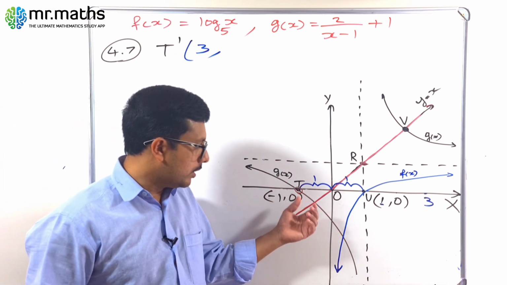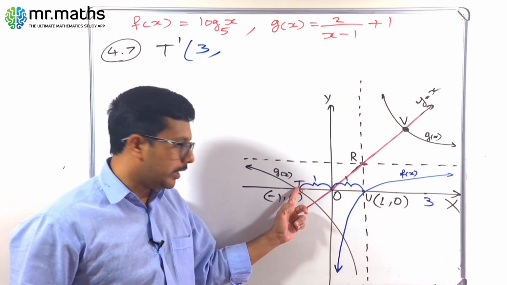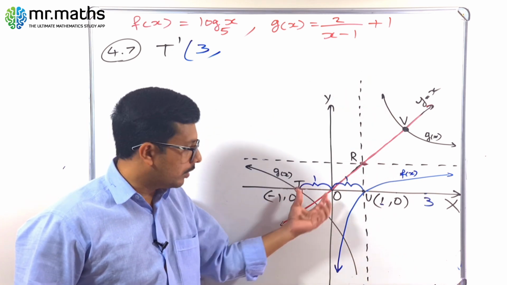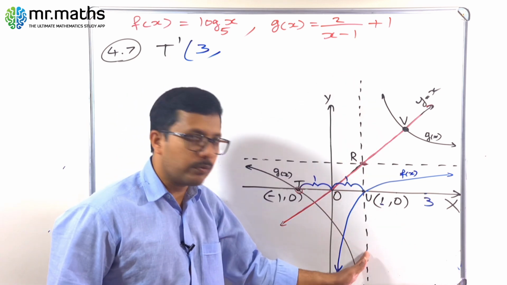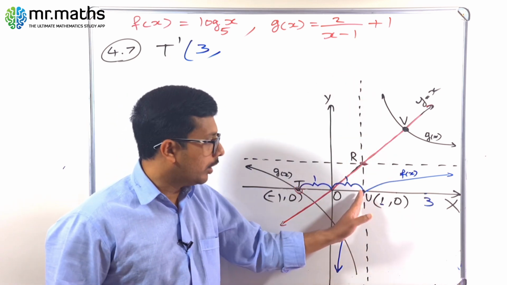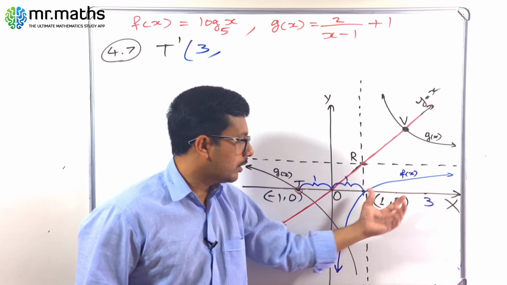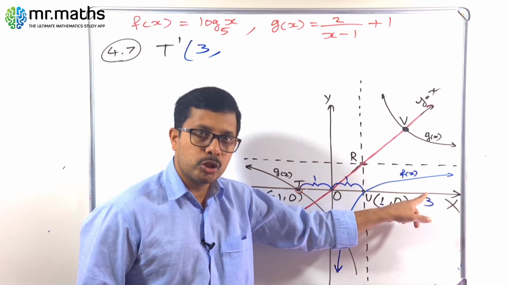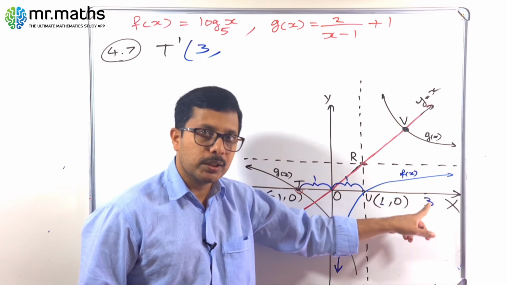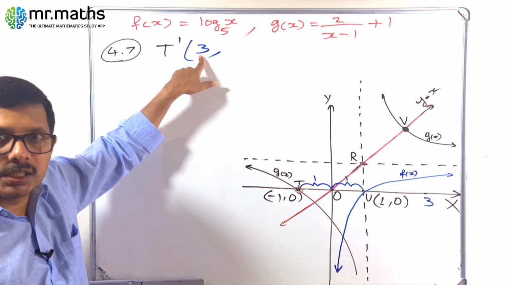What I am checking is how far T is from this vertical asymptote: 1 plus 1, 2 units. So T dash is 2 units to the other side of the same vertical asymptote. Here x is 1, so 2, 3. That means the x value of T dash is 3.